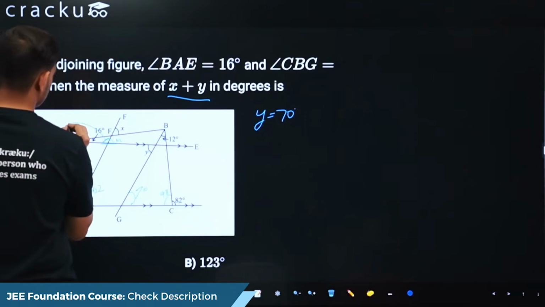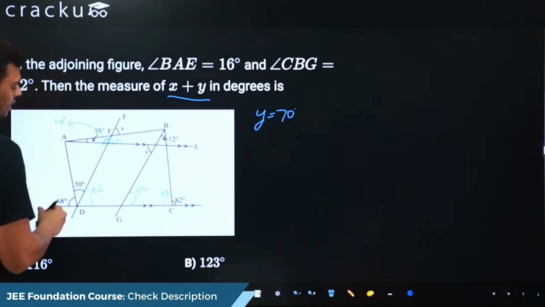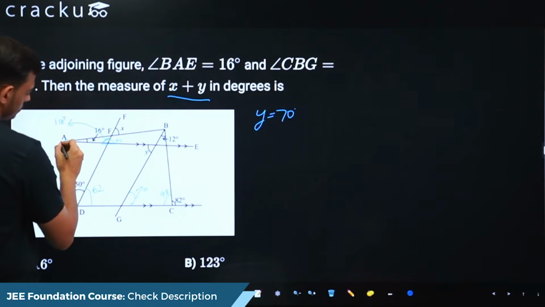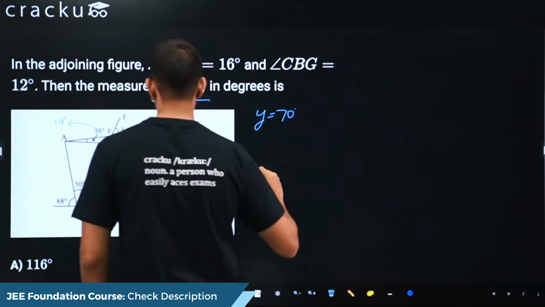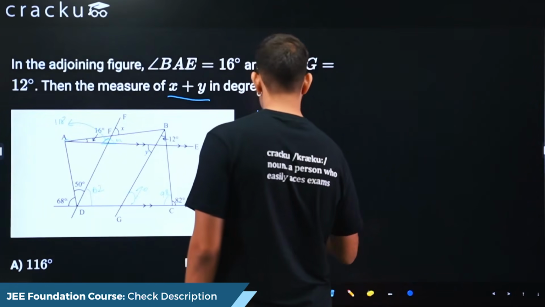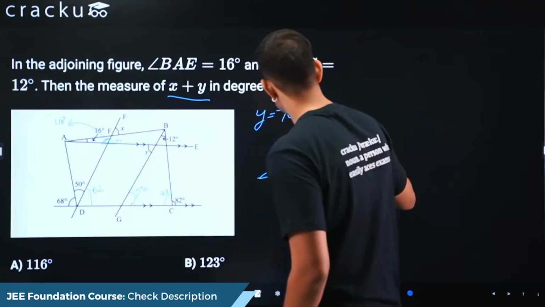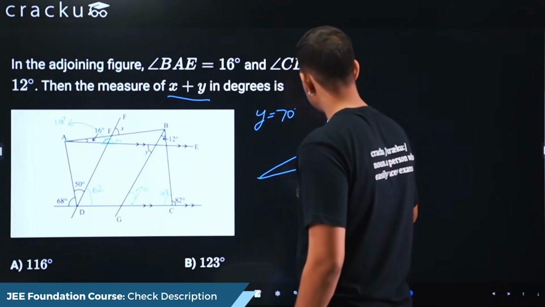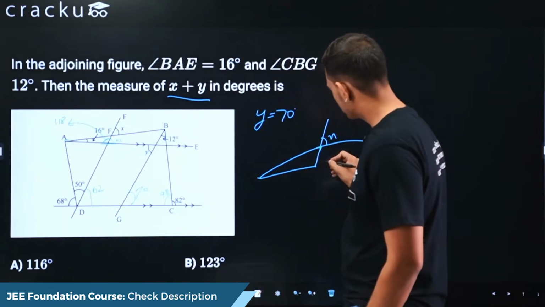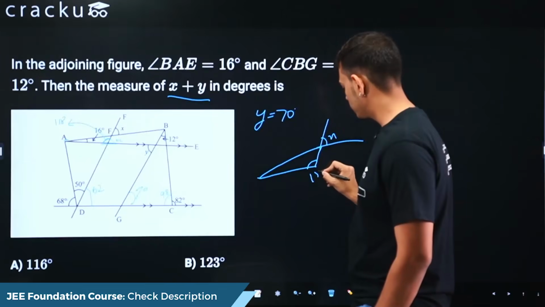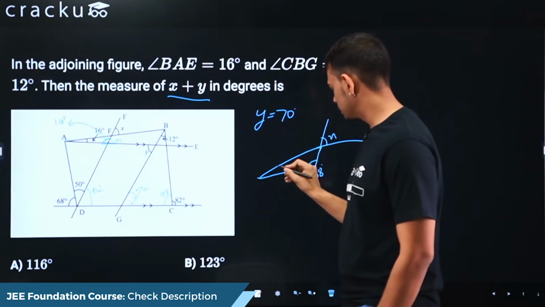Now in this small triangle, where A is here, F is here, this is x. I calculated two angles: this is 118, this is 16.